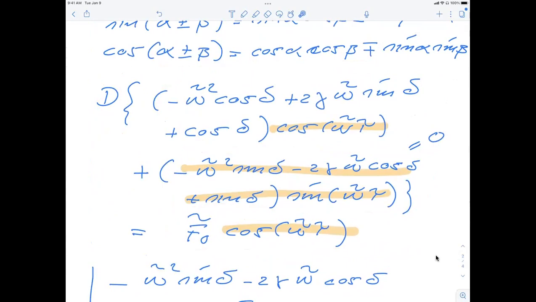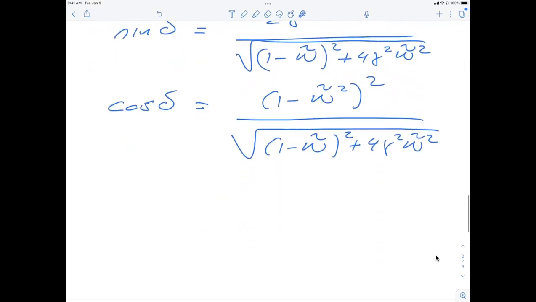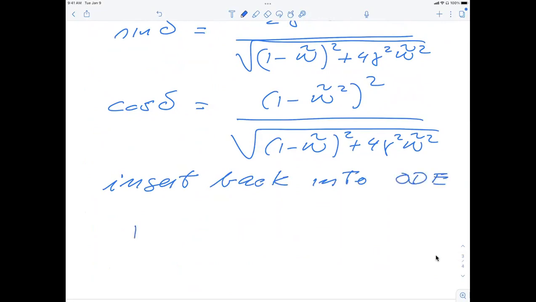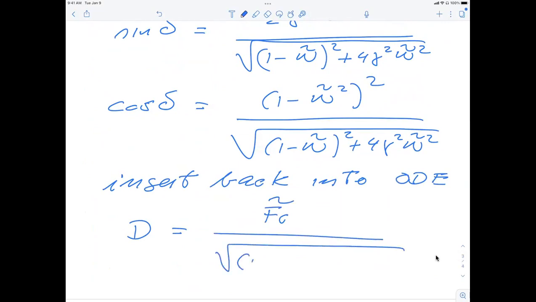When you insert it back into the ordinary differential equation, what you will find is that this coefficient D is equal to F0 tilde divided by the square root of 1 minus omega tilde squared, squared again, plus 4 omega squared gamma squared.